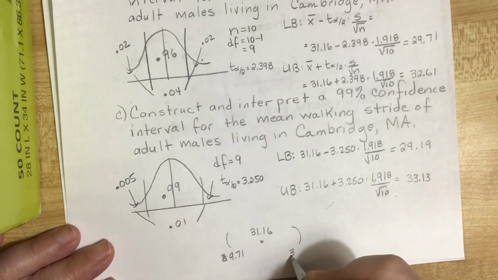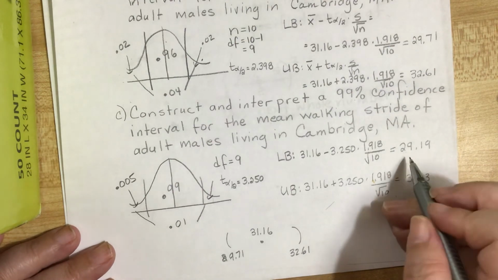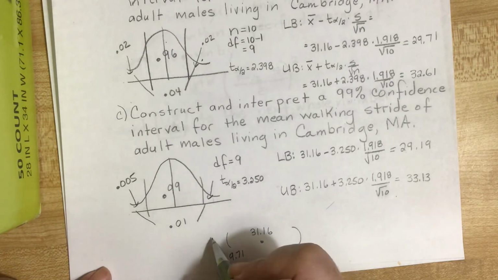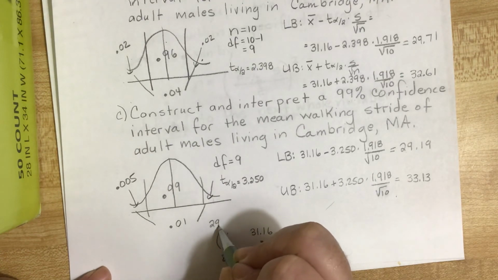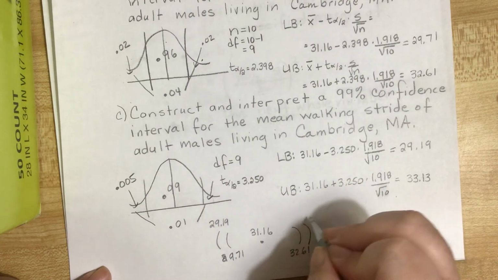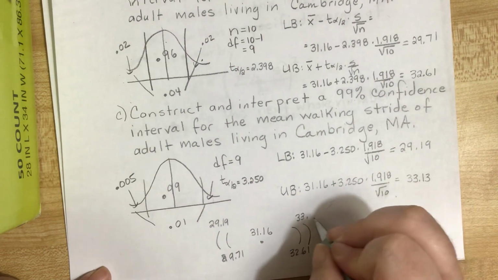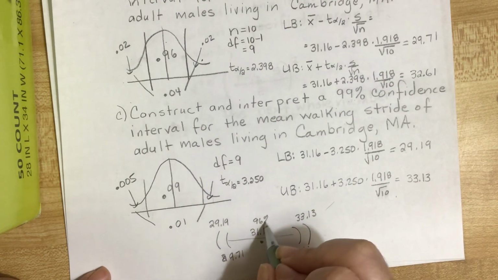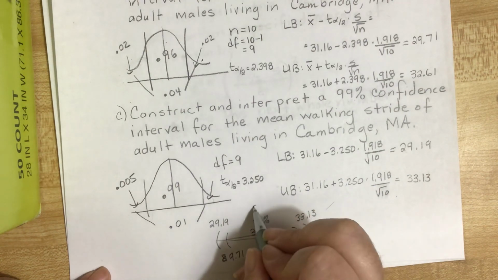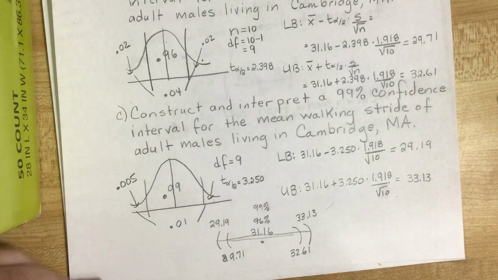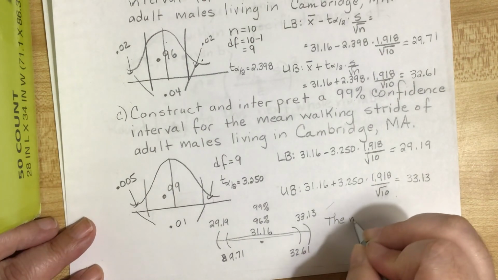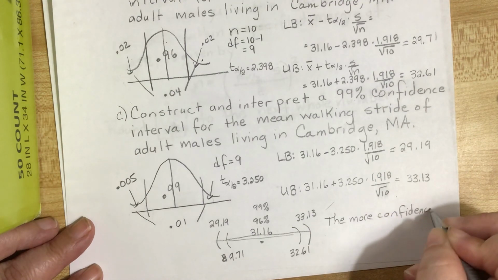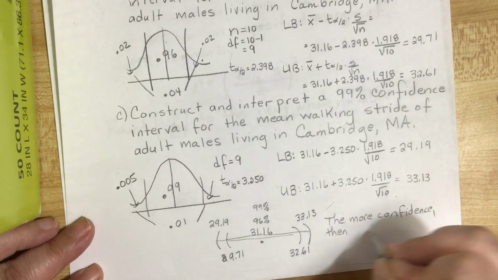Now the larger confidence level, 99%, goes further out, 29.19 to 33.13, somewhere outside of that. So from here to here is my 96% confidence, and from here to here is my 99% confidence. The more confident you want to be, the larger the interval.